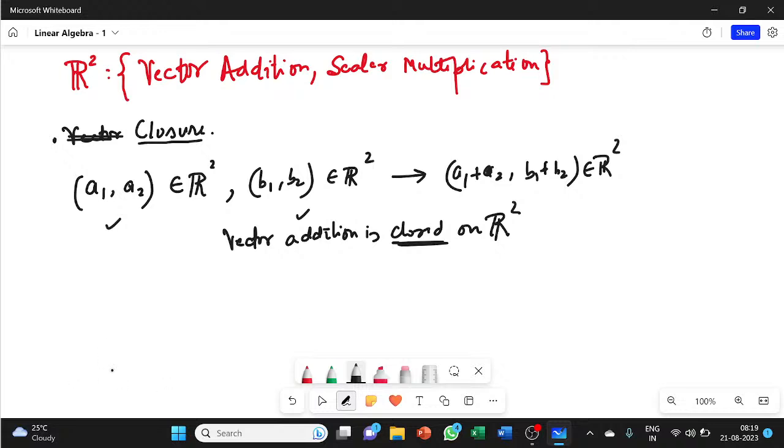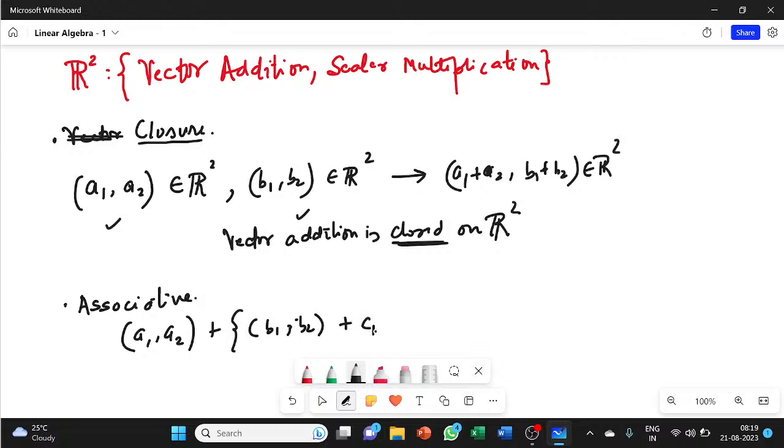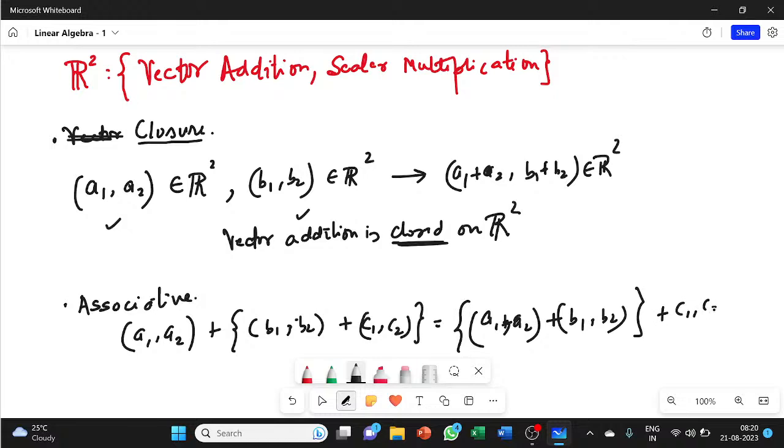The second thing that you can think of is that this particular vector addition would be associative. By this I mean that if I do a1 comma a2 plus b1 comma b2 plus c1 comma c2, or I do it this way, a1 comma a2 plus b1 comma b2, this I do on one side and then add c1 comma c2, these are one and the same thing.